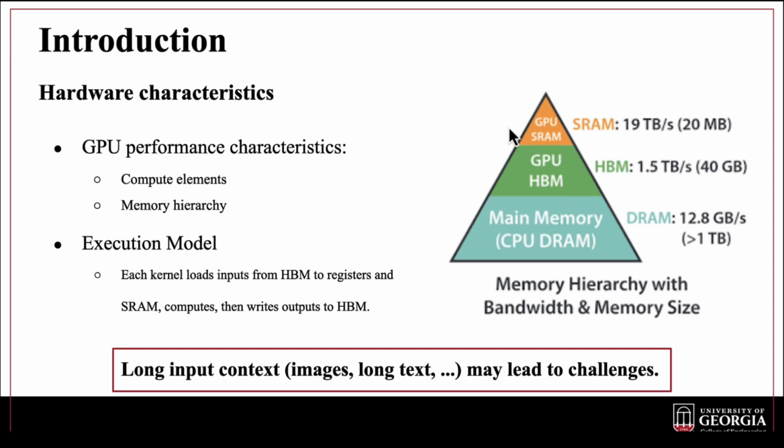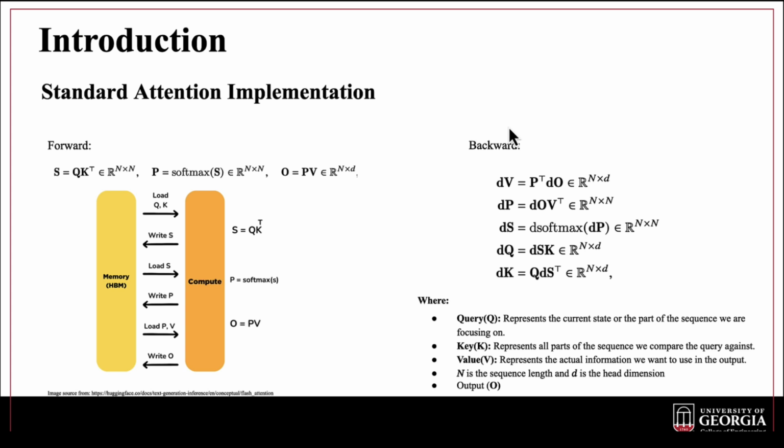So we can get back to the previous page. The forward workload shows how data is transferred between the different memories. And we can look at the equation to compute the dot product scores. S dimensions is n times n, so this quadratic relation means that if you double the sequence length, the number of elements increases by a factor of 4.